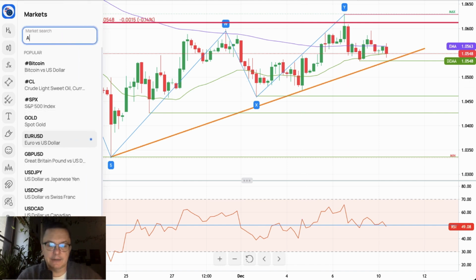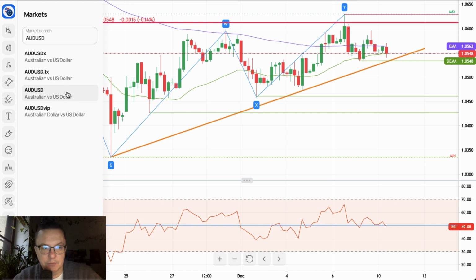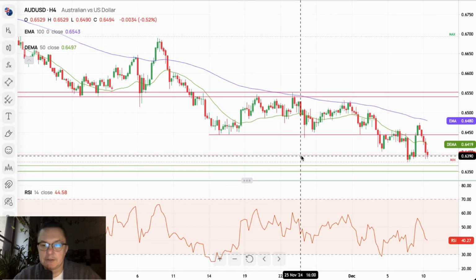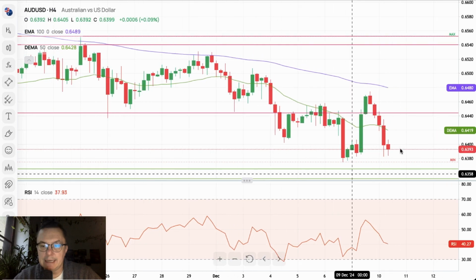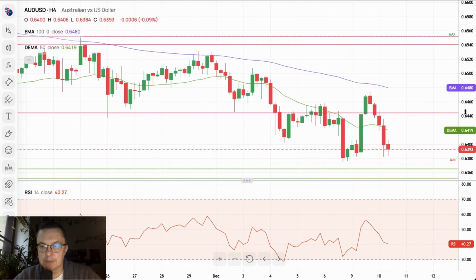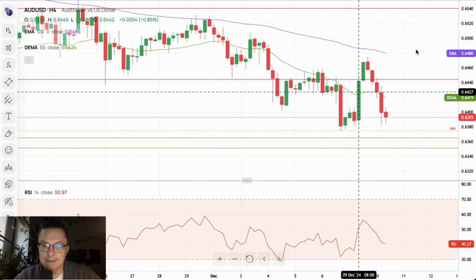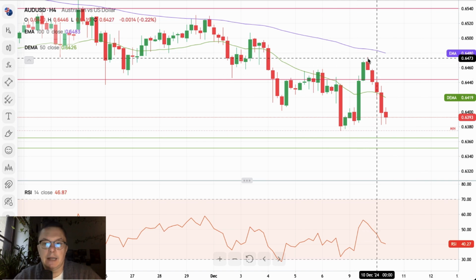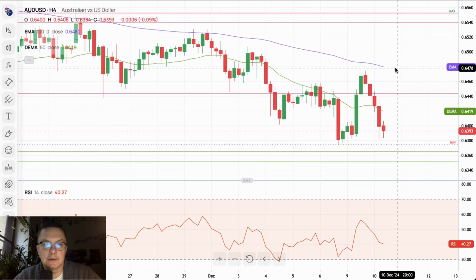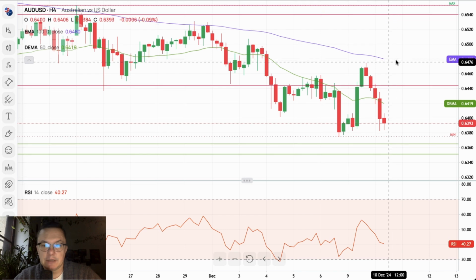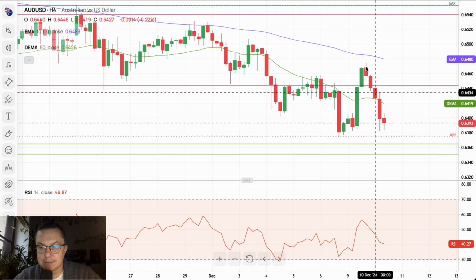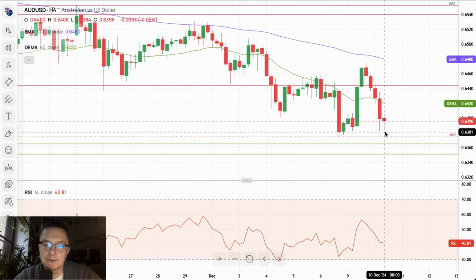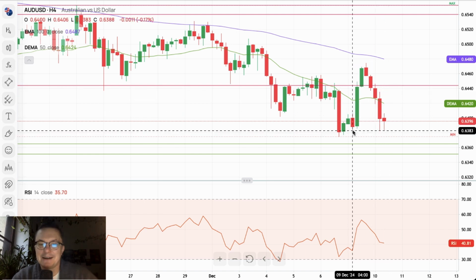Let's take a look at the Australian dollar to see what is going on after the interest rate decision. So what do we have here? The market tried to rally ahead of the interest rate decision, and as you can see, we got this movement up towards the level of, let me just adjust my chart, there you go, 6,474 pips, and then red candles down the drain, back where it all started, around 6,383.